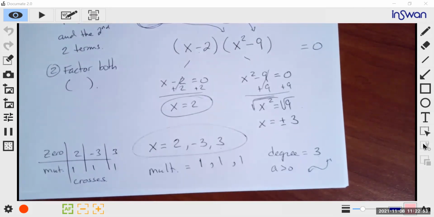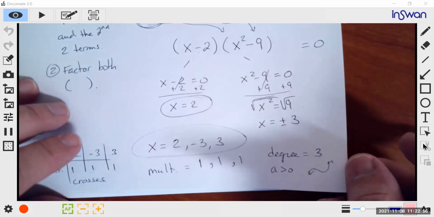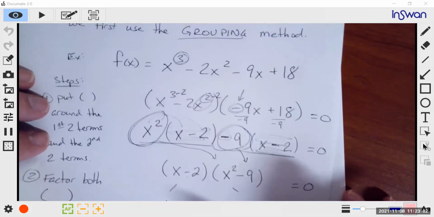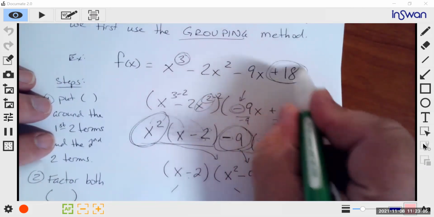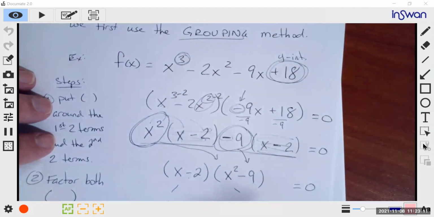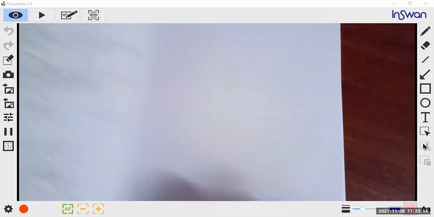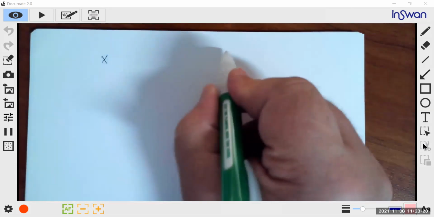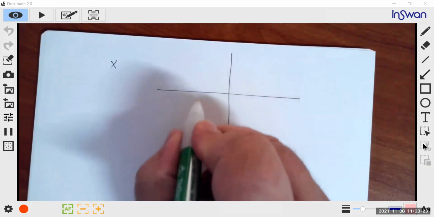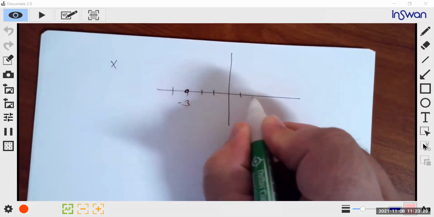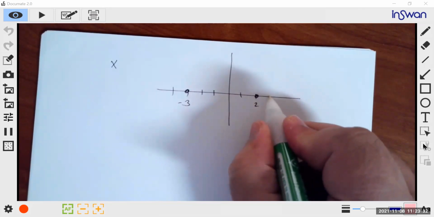Do we know the y-intercept? Yeah, 18. It's the constant. The y-intercept is always the constant. So we know our x-intercepts are at -3, 2, and 3.